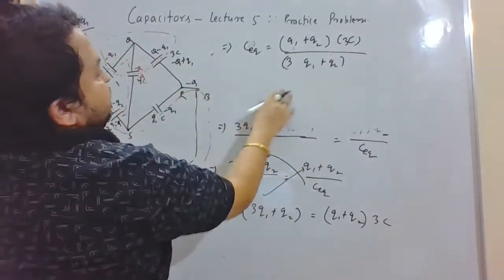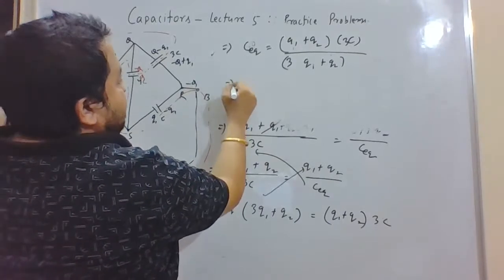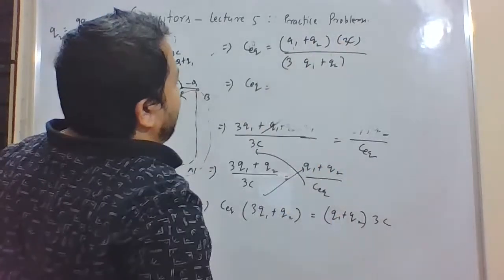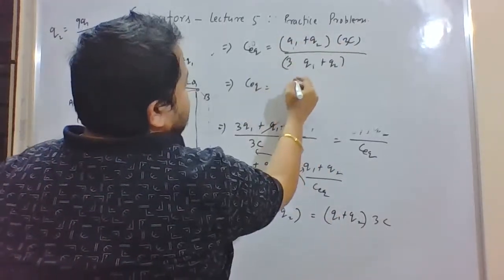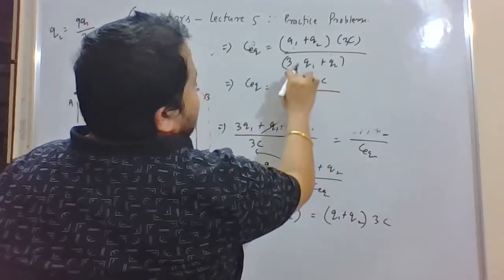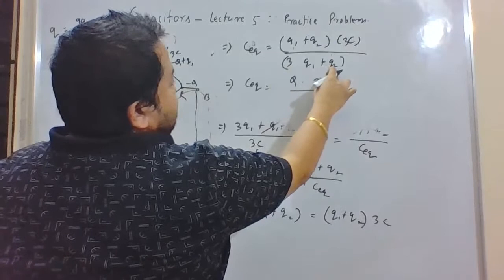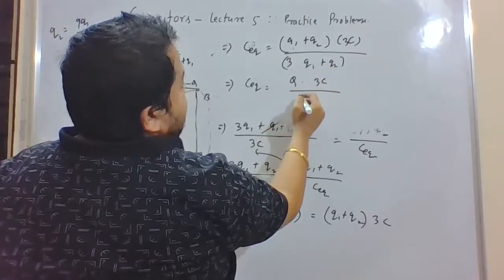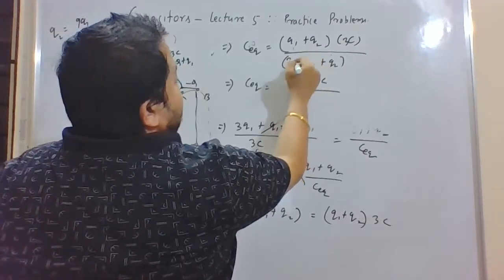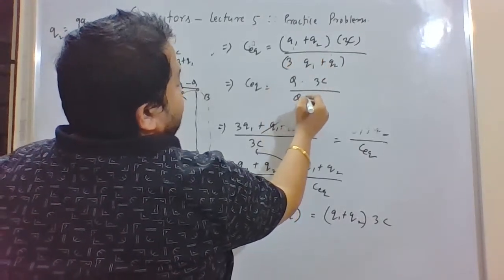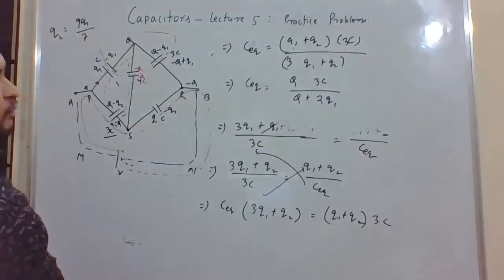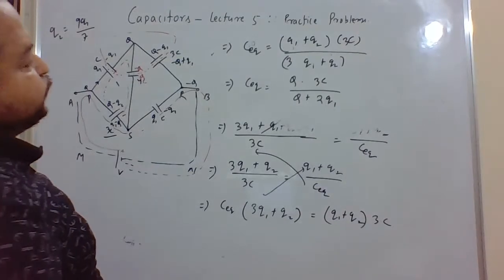So C equivalent equals Q1 plus Q2, which is nothing but your Q, into 3C by 3Q1 plus Q2. So we can say this is Q plus 2Q1, right? Q plus 2Q1.